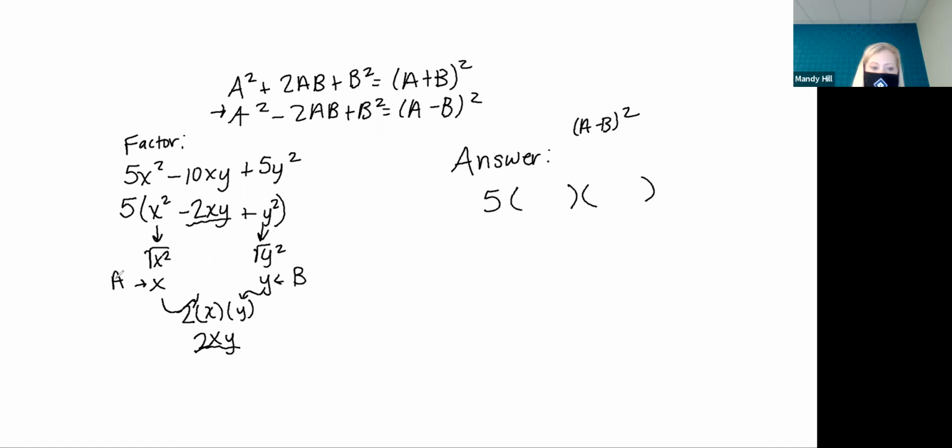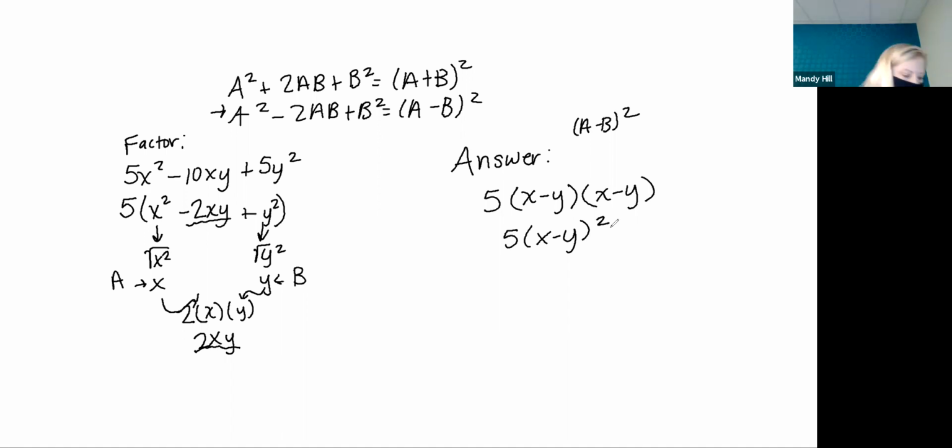So my a was x, my b is y. So I would say x minus y. We're squaring it, so we would have two of those. You could shorten it and make it x minus y squared like that. Same thing. Questions?